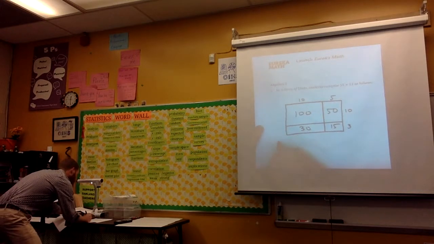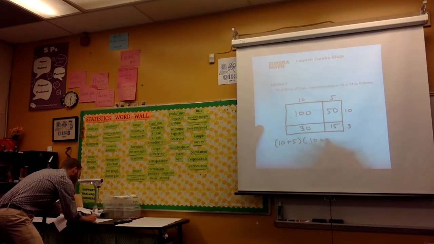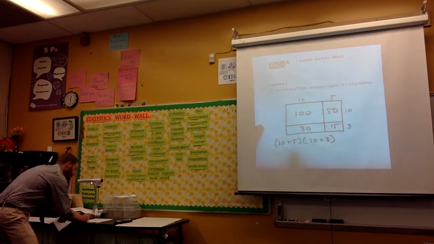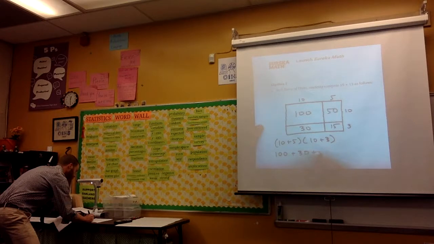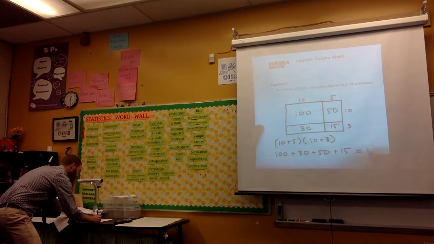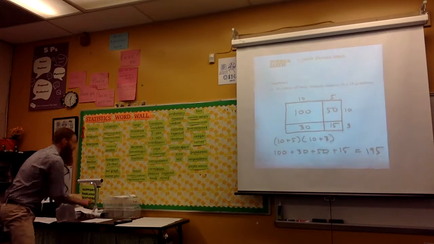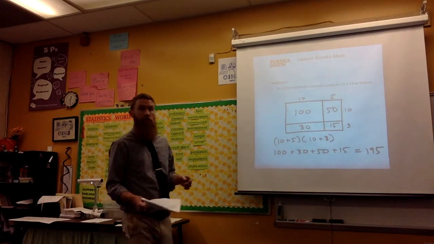If we were to multiply 10 plus 5 times 10 plus 3, 10 times 10, 100, 10 times 3, 30, so on, for a total sum of 195.